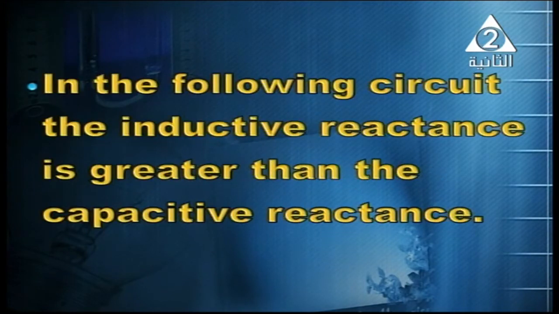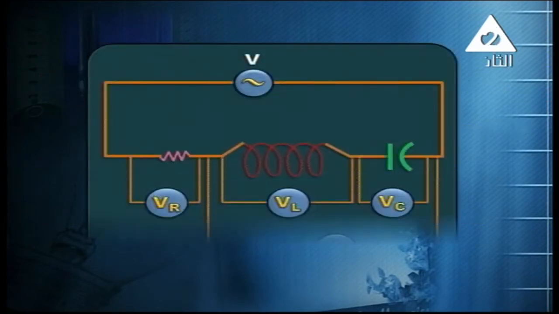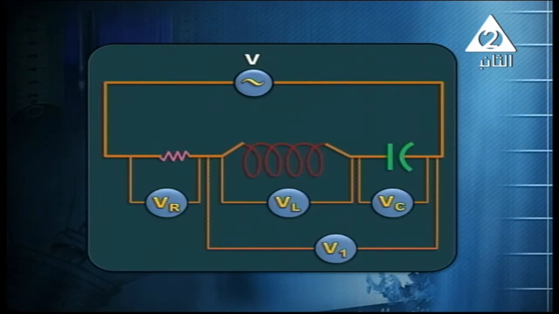In the following circuit, the inductive reactance is greater than the capacitive reactance. We've got a voltage across the coil, we call it VL, across the capacitor VC. V1 is the voltage across both of them, and we've got VR.